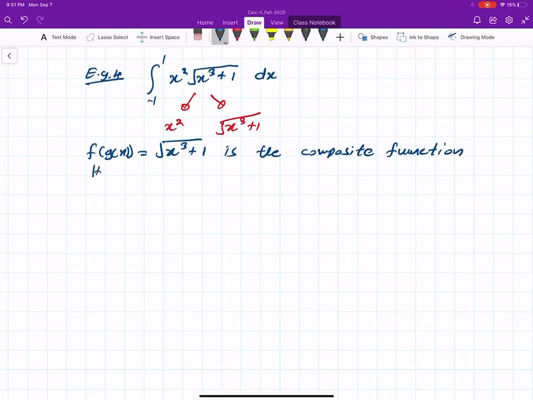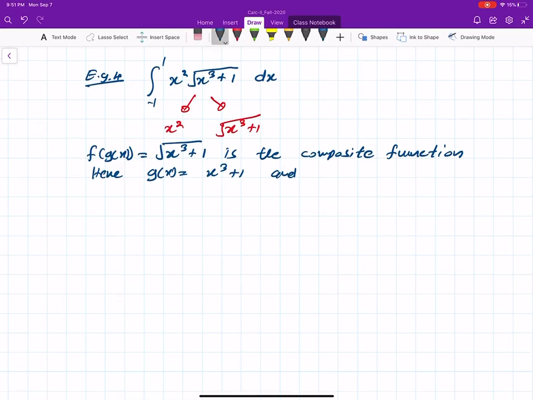All right, here g of x equals x to the power 3 plus 1 and f of g of x equals the square root of g of x.